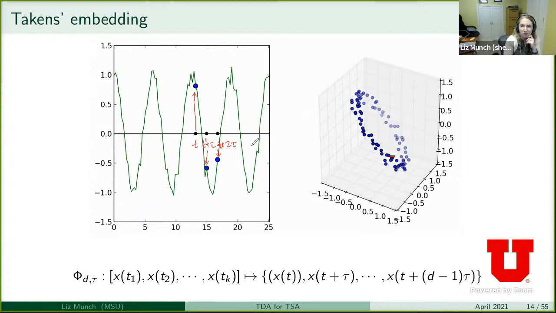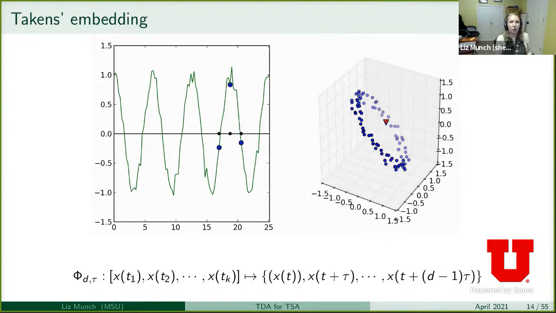So I can forget the fact that I got these from a time series and just treat these as a vector in R3 in my example. For each location where I put this comb, I can just slide it along, and each of those locations ends up drawing a point in my point cloud, which is the red triangle that you can see on the right.